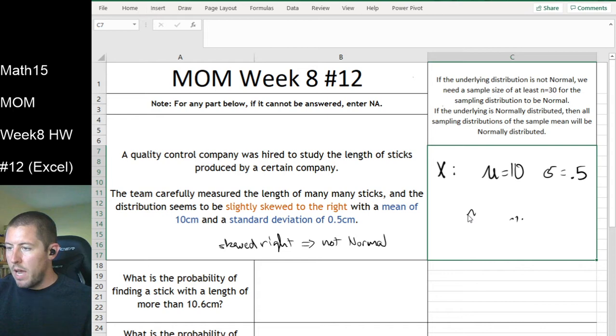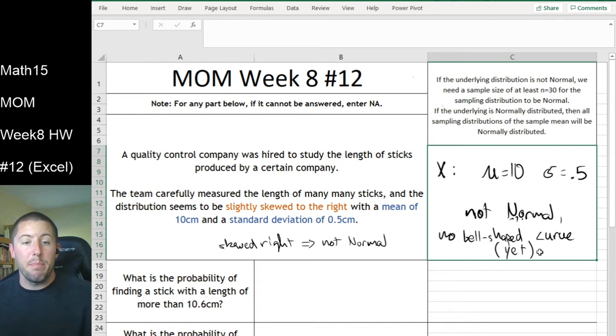It's letting me write, so we're not normally distributed. No bell-shaped curve yet. If we take a sample of 30 or more things, then we will see that the distribution of samples of that size will be normally distributed.